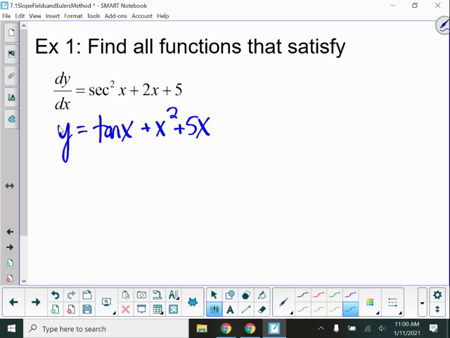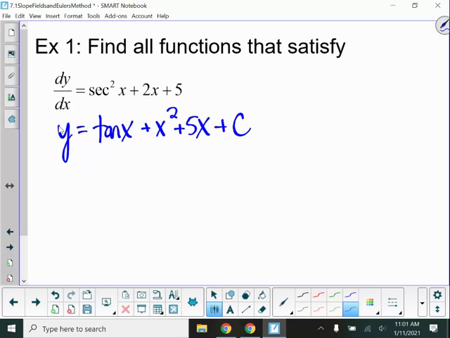Now, because the derivative of a constant is 0, we don't know if there was some number tacked onto the end of this original equation or if there was not. So you do need to put a plus c at the end of all differential equations if you have no way to find what that original c was.